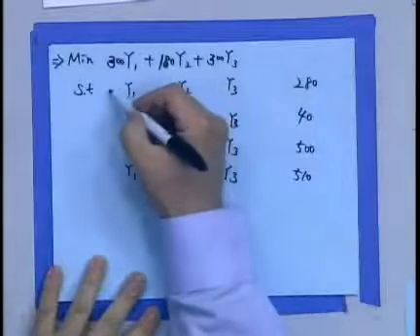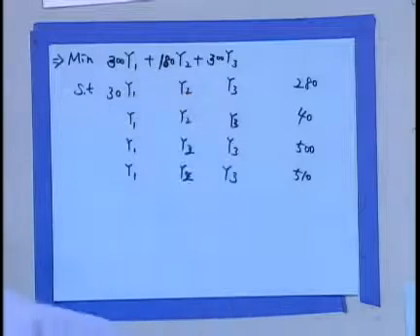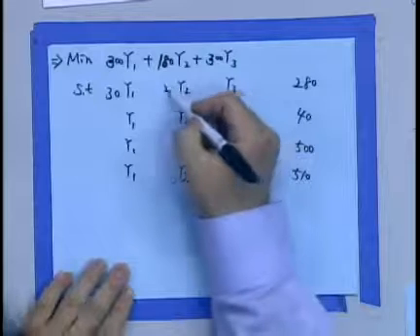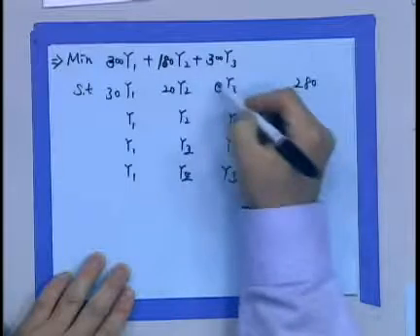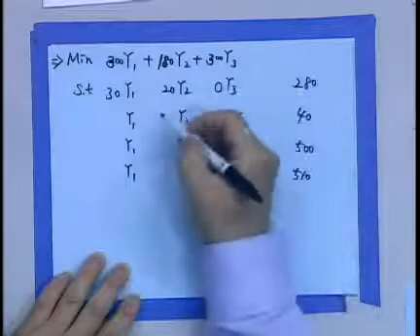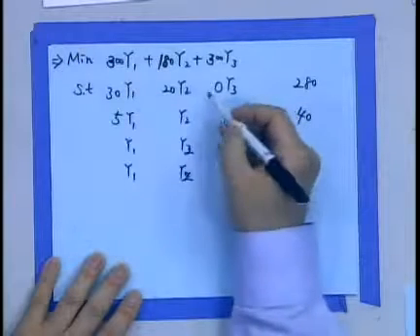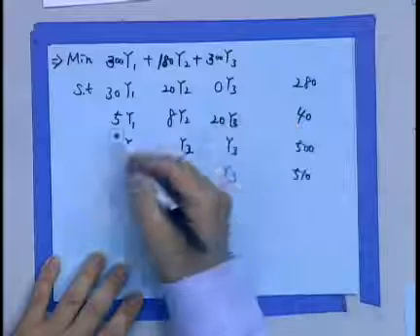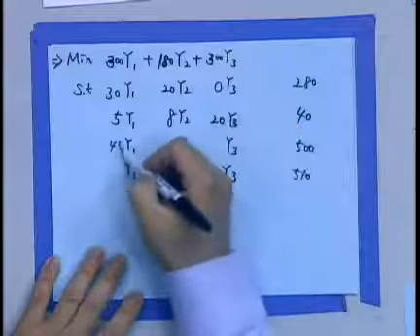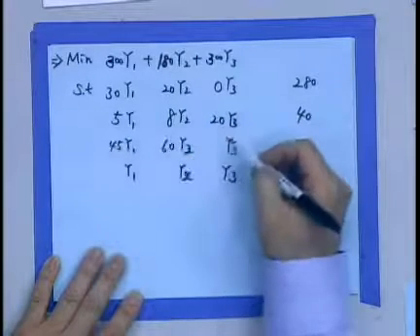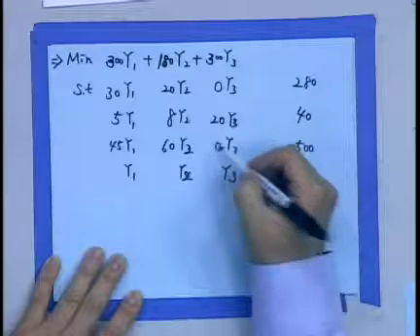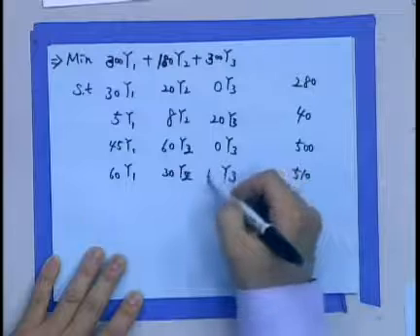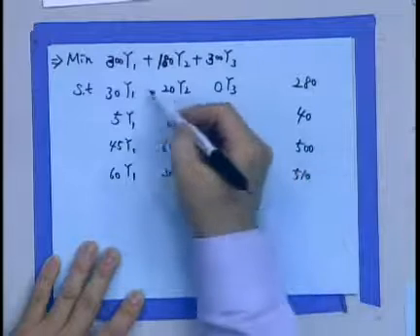So it's going to be 30, 20, 0, and 5, 8, and 20, 45, 60, 0, and 60, 30, 120, right?